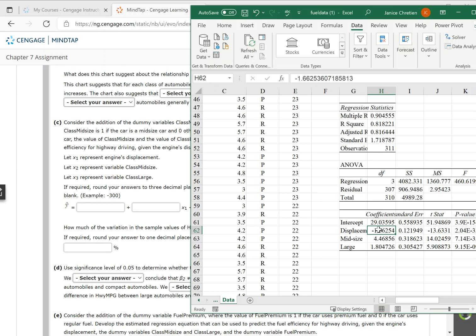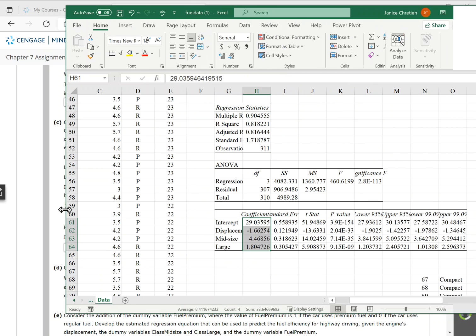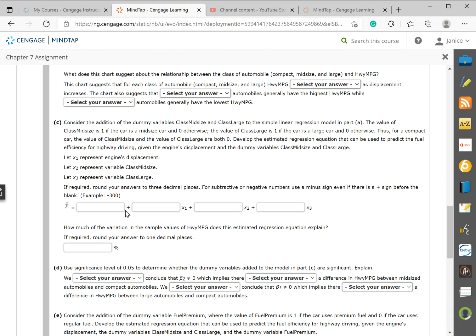My engine displacement is my x1, my mid-size is my x2, and my class large is my x3, and we're gonna probably want, how many did it say? 3 decimals. Make sure that our negative is there.